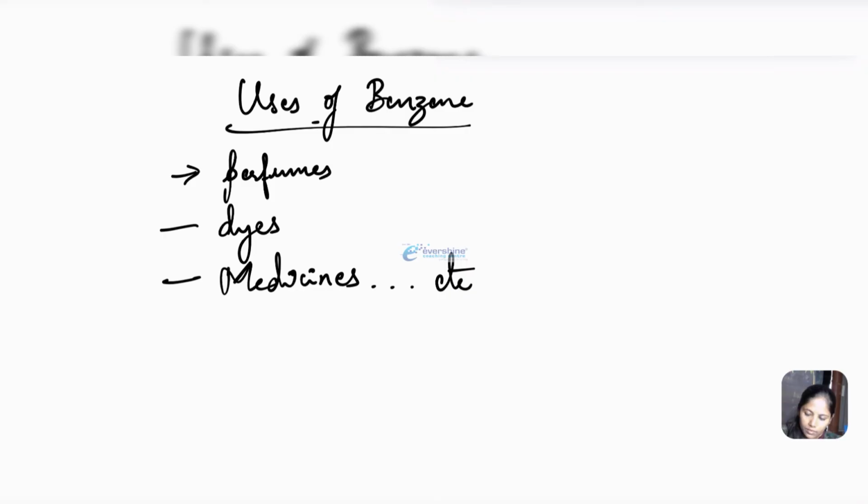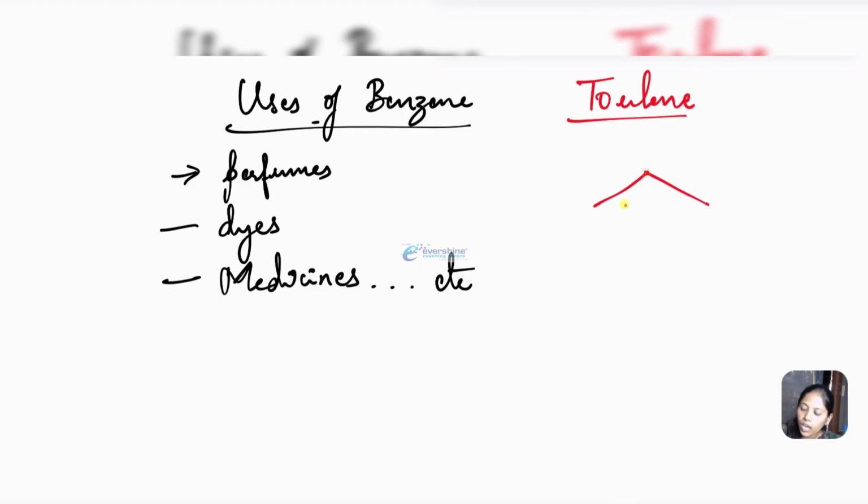Another important structure they may ask you is toluene. Toluene is also an aromatic hydrocarbon. In this, you should write a benzene ring with one CH3 group. So this is called toluene.